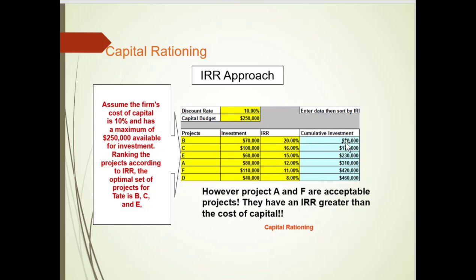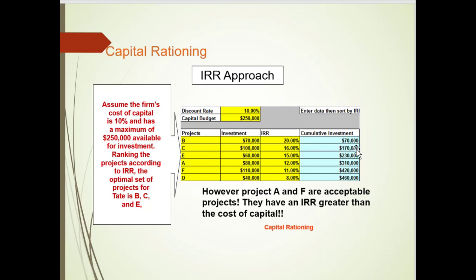And then at the same time, we're going to be identifying the cumulative investment of the company. So if we do project 1, which is a good project, it'll cost us $70,000. If we do project 2, combined with project 1, that's $170,000. So in this particular example, we have a maximum of $250,000 that we're going to spend.